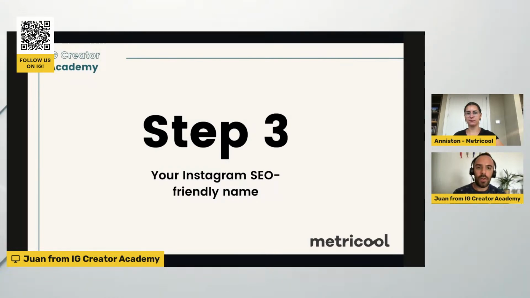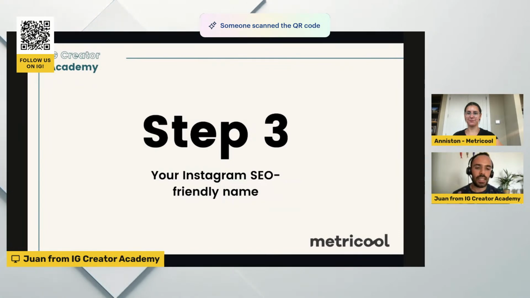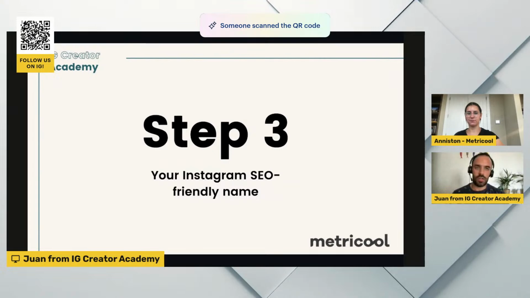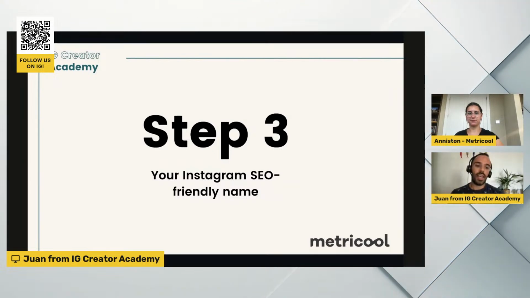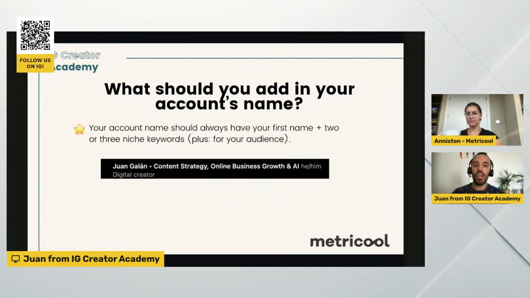Step number three for auditing or improving your profile is your Instagram SEO friendly name. So, as you know, the first line on your Instagram profile, which is where your name is supposed to go, is SEO friendly. So, your account should always have your first name, especially now that we have access to Meta Verified.